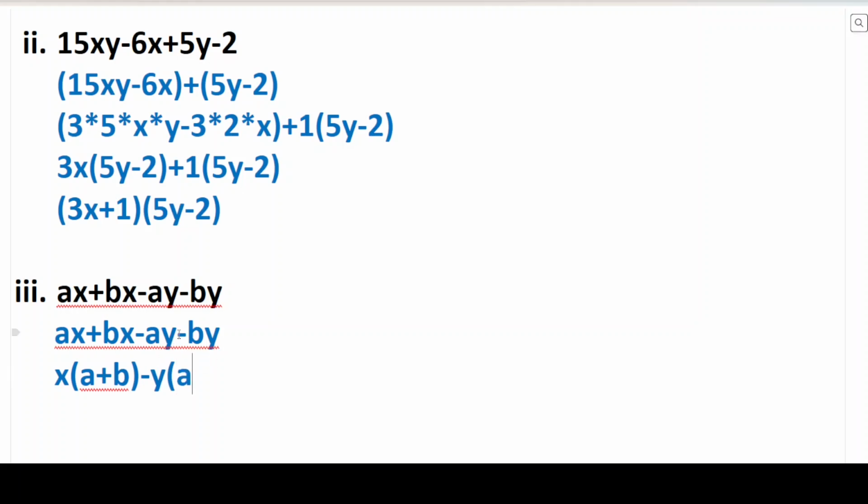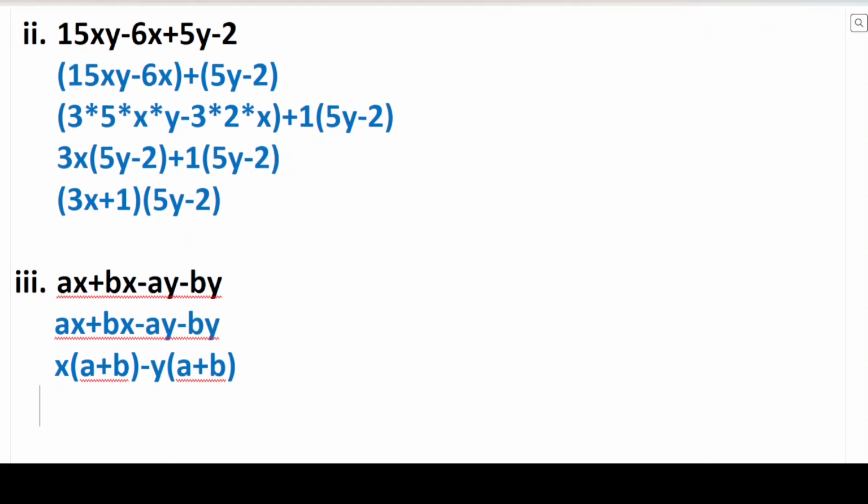Next, minus into minus, so we can write it as plus. Here minus y, y is the common factor. So what is the leftover term? b. So minus ay minus by we can write it as minus y into a plus b.